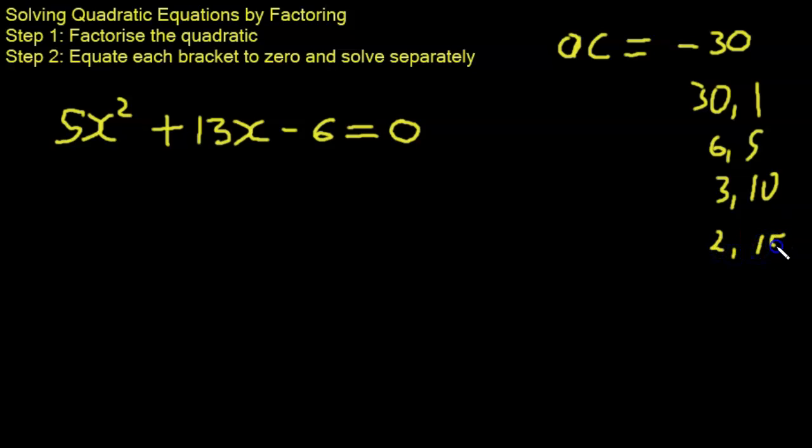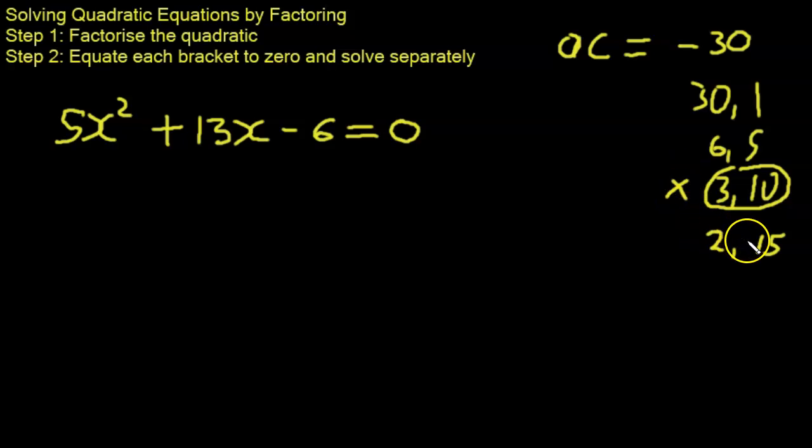So which of these numbers add or subtract to give you positive 13? Well, 10 plus 3, if we add those, we get positive 13. But when we multiply 10 times 3, do we get negative 30? No. So this could not be it.